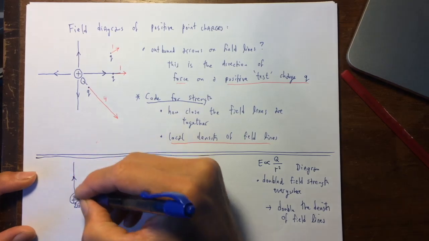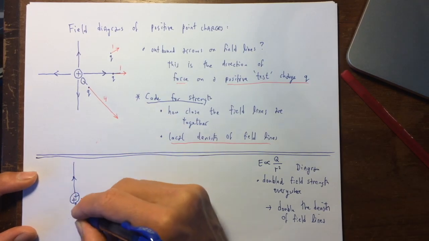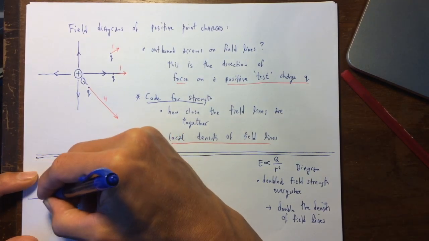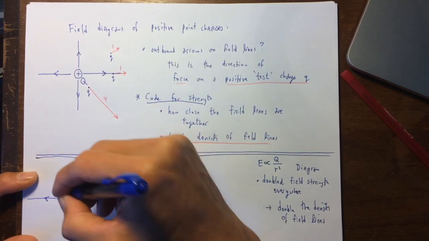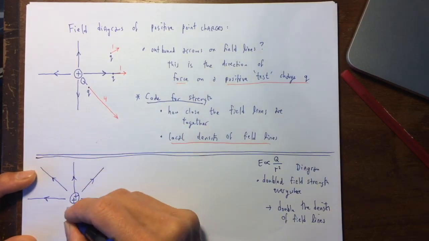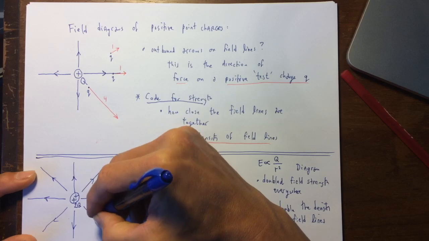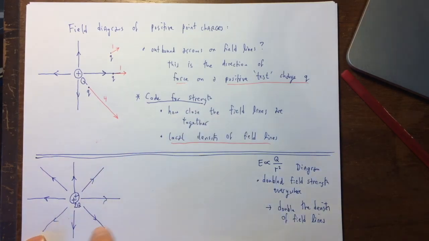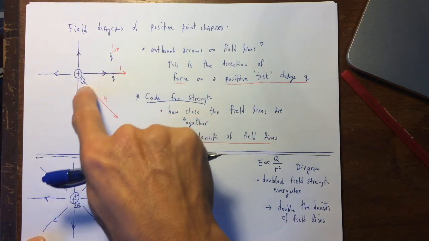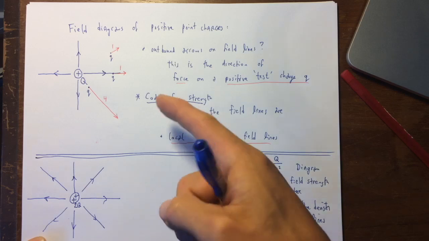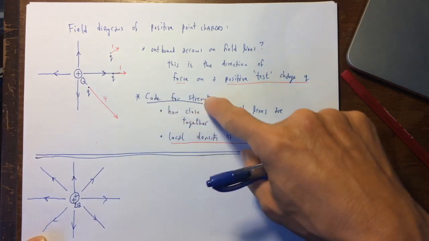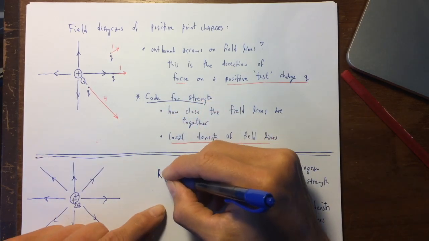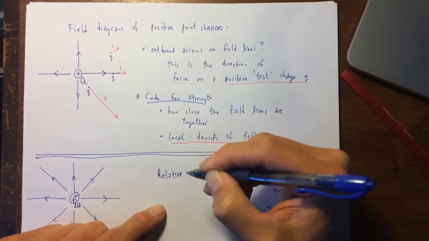So instead of just 4, I'm going to draw 8. And you can see that closer in, the density of field lines is twice as dense as in the drawing up above. So this is how you encode strength, and what's more, its relative strength.